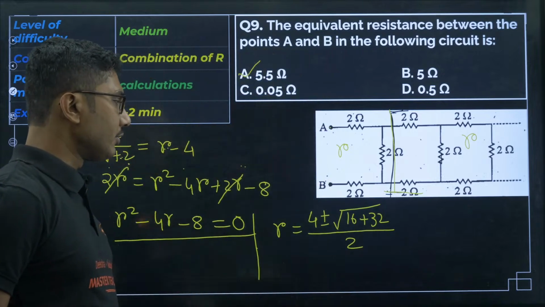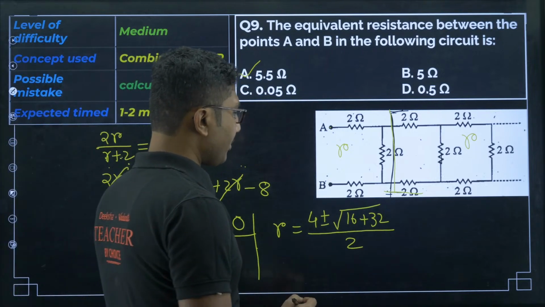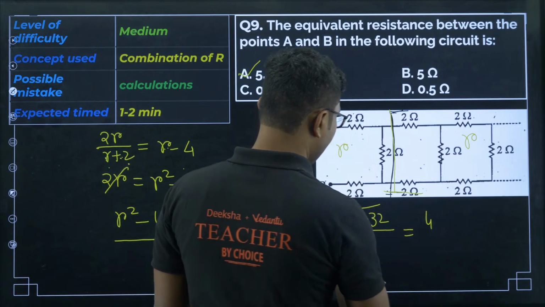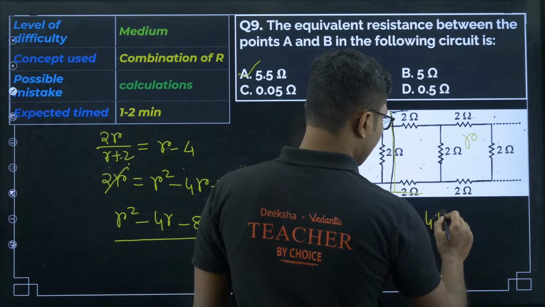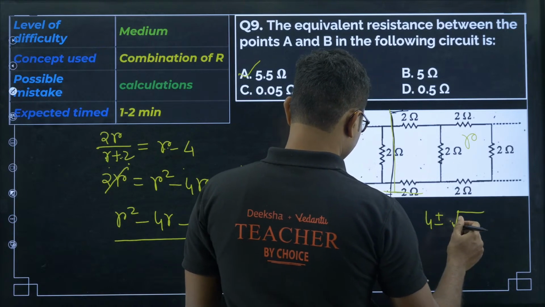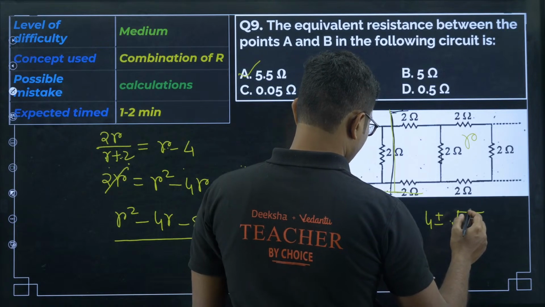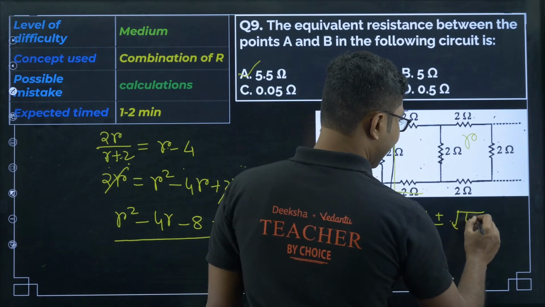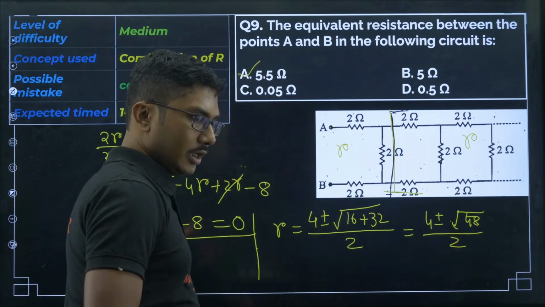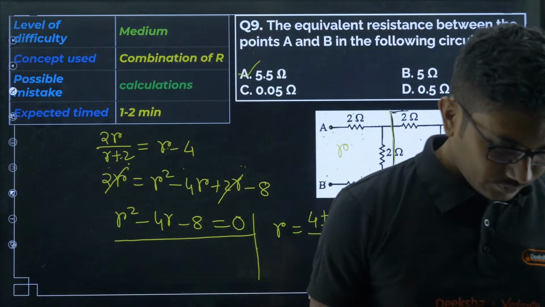Okay, so this will be the first step. You have to check it. So you will get 4 plus and minus square root of 32 plus 48 by 2. Okay, you can check that answer.